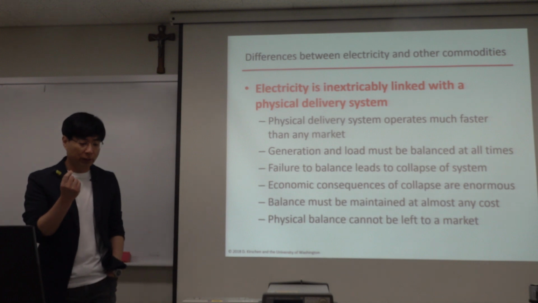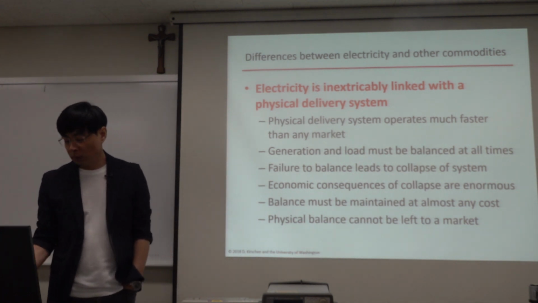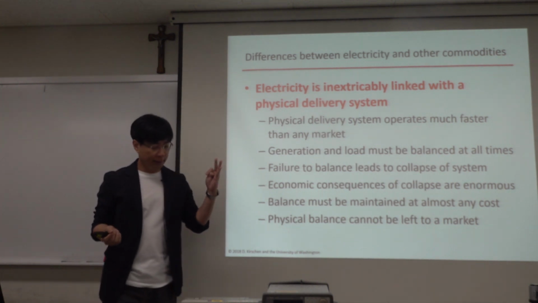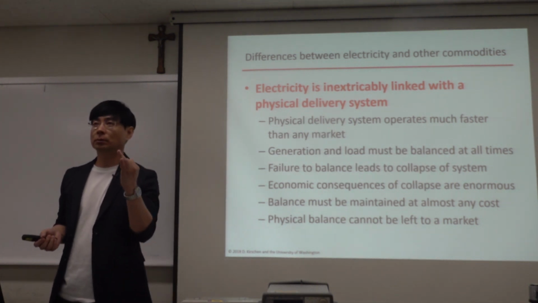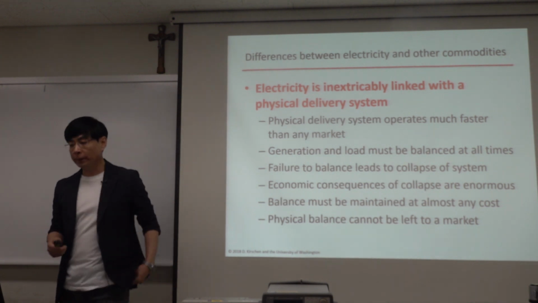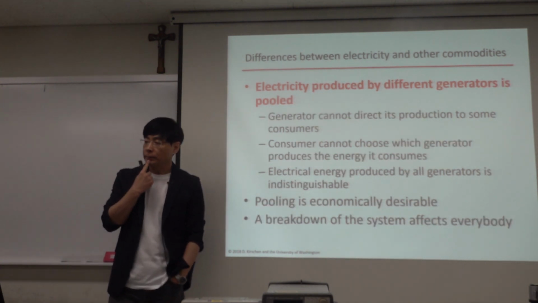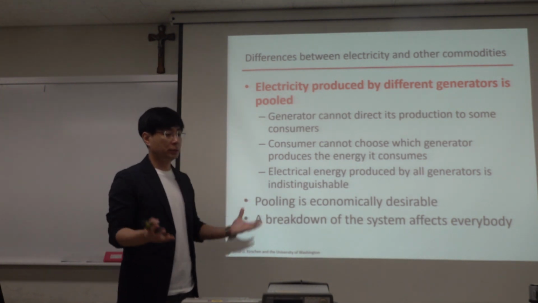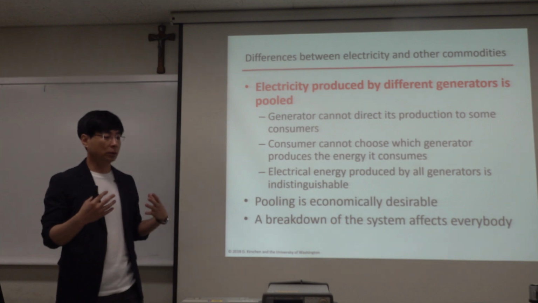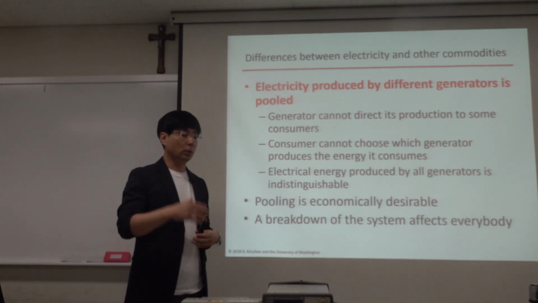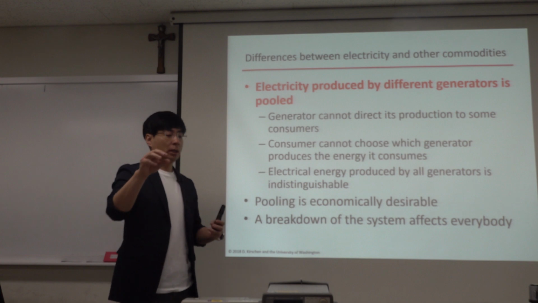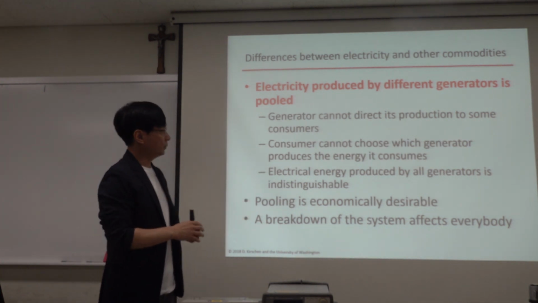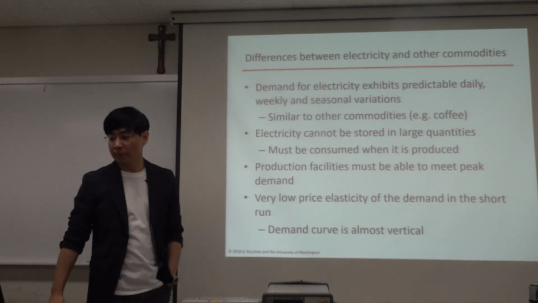So electricity is not the same as other goods and commodities like wheat, flour, cocoa, rice, oil, etc. Also, in the electricity market, you will see a centralized market based on a pool, an electricity pool. All the generators are connected to this pool, and all the loads are connected to this pool.